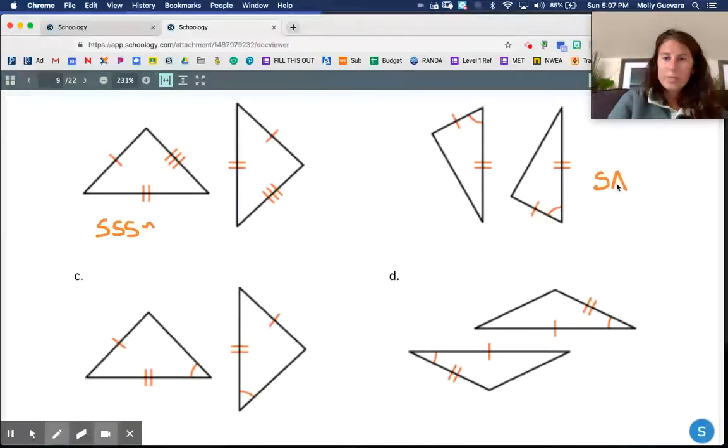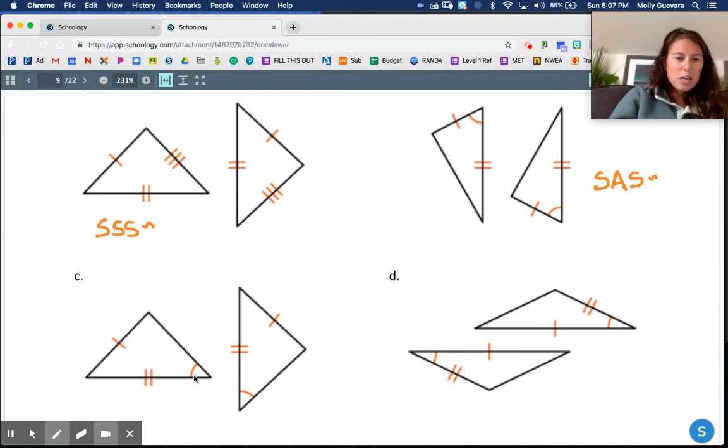So this one will be side, angle, side. On C, I know 2 sides, but this angle is not between the 2 sides. I would have to know this angle right here in order to be able to say that these are congruent. And so this is neither.